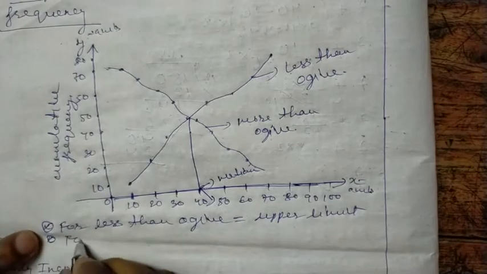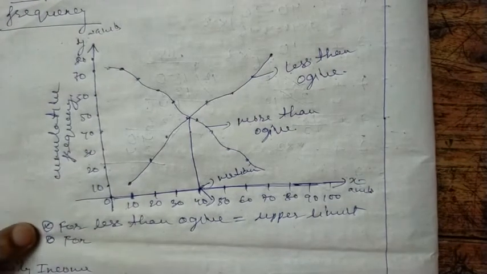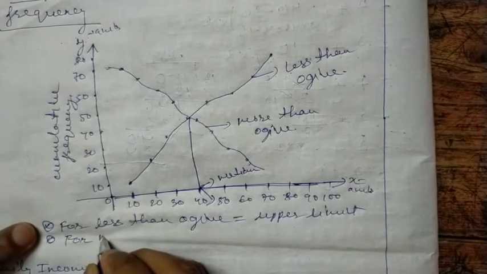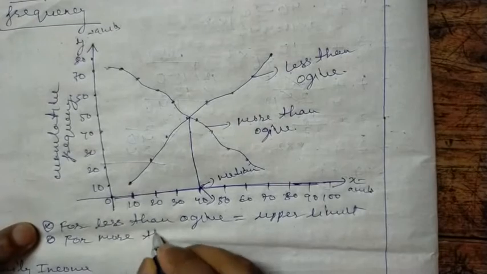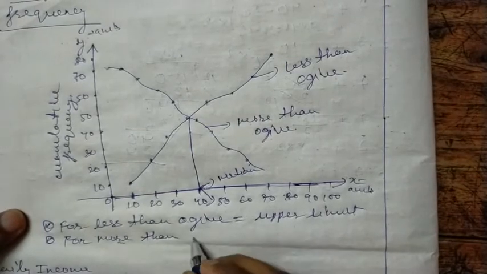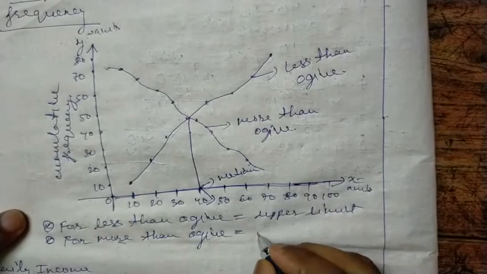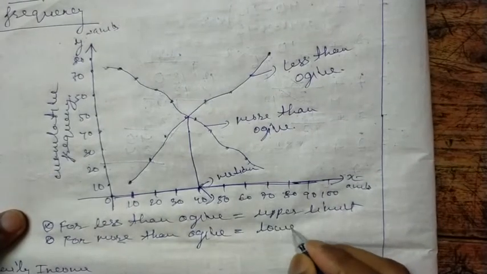And for a more than ogive, we have to take the lower limit.